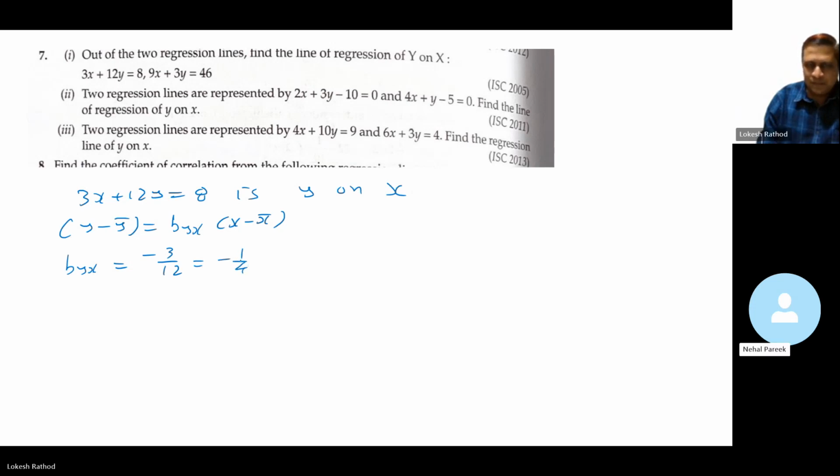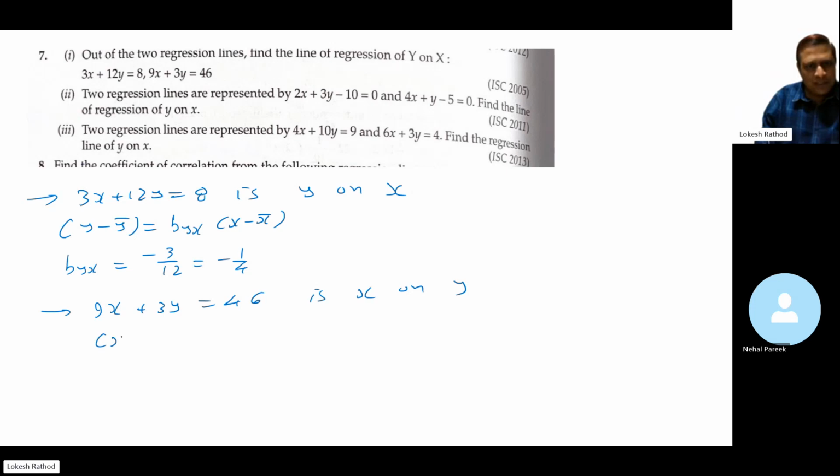Minus 1/4. So if this is y on x, then the other line, 9x plus 3y equal to 46, is x on y, correct? The form is x minus x bar is equal to bxy times y minus y bar. So slope is 1 over bxy.